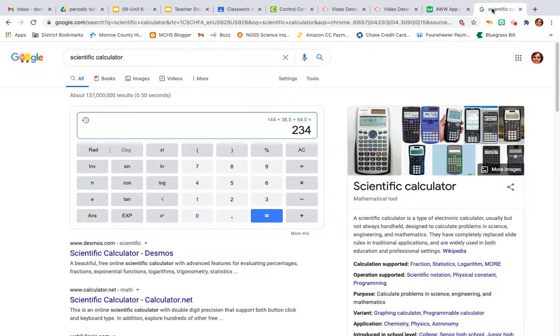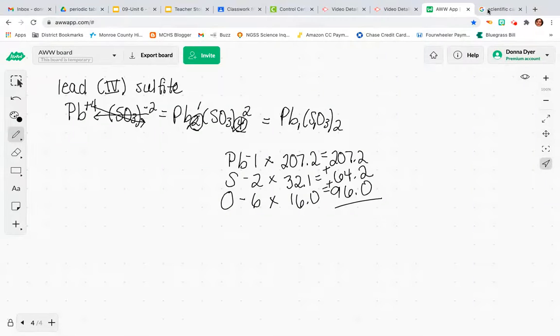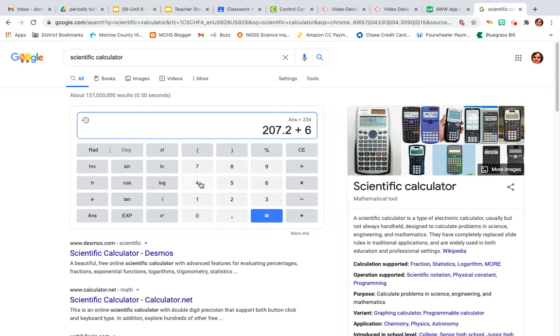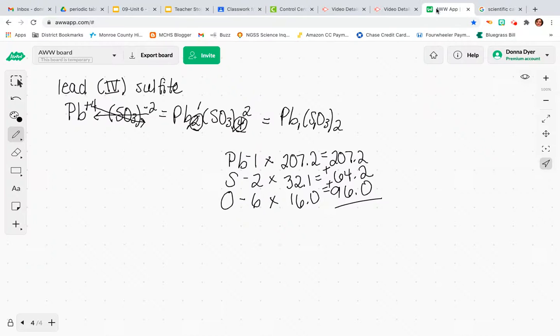And so we're going to do 207.2 plus 64.2 plus 96.0. And that gives us 367.4. So this is 367.4 grams is equal to 1 mole of lead 4 sulfite.